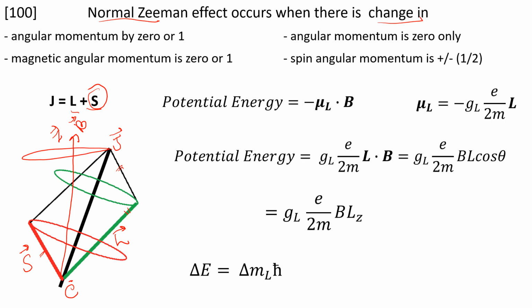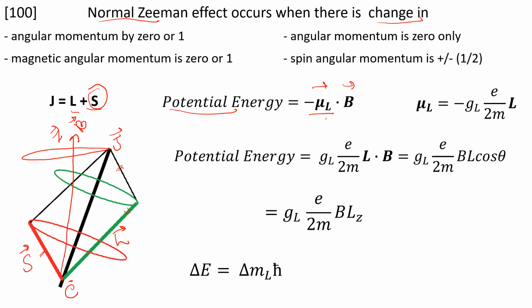Now the potential energy due to the presence of this magnetic field will be due to the magnetic moment caused by the orbital angular momentum L. So potential energy is nothing but minus mu L dot B. Both are vectors.